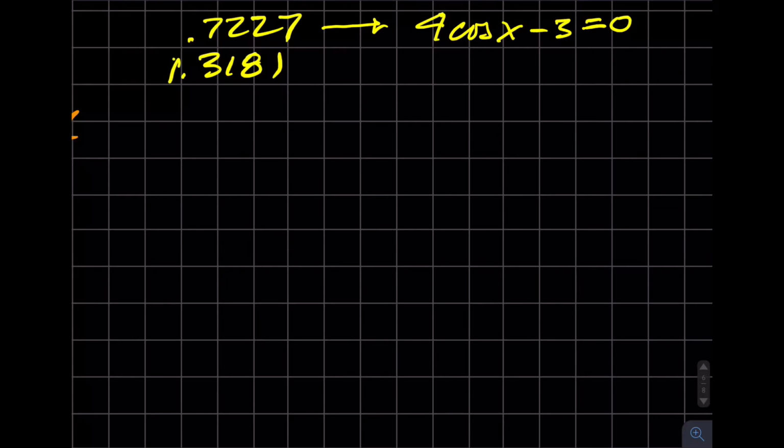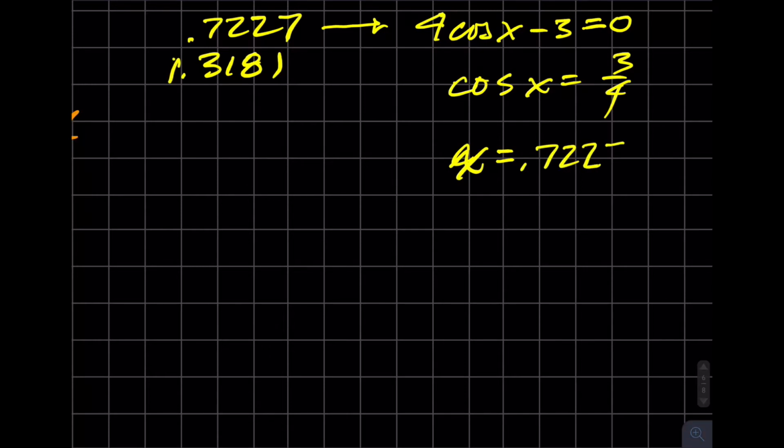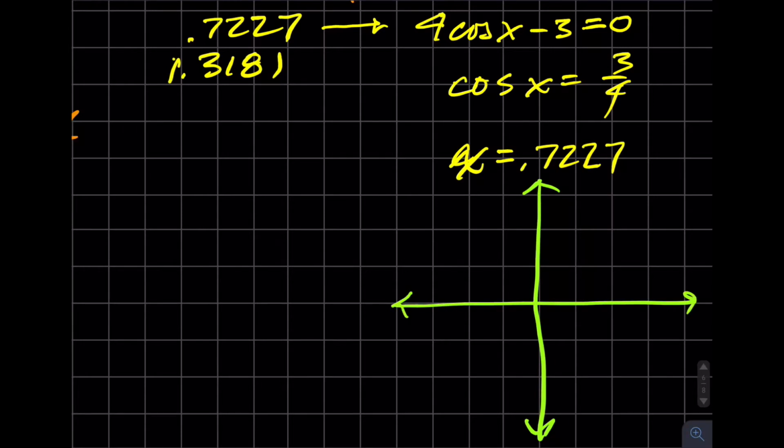And when we ended up solving that, we got cosine x equals 3/4, took the inverse cosine of both sides and got x equals 0.7227. Okay, so I'm going to draw this little unit circle over here, and we have to think about a couple things. I happen to know, because of my familiarity, I don't expect you to see it necessarily, but this angle measure, 0.7227, comes from this 3/4.